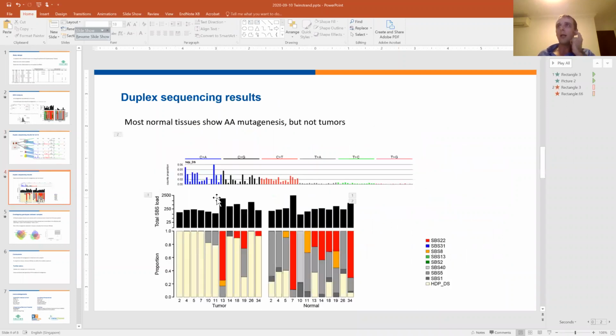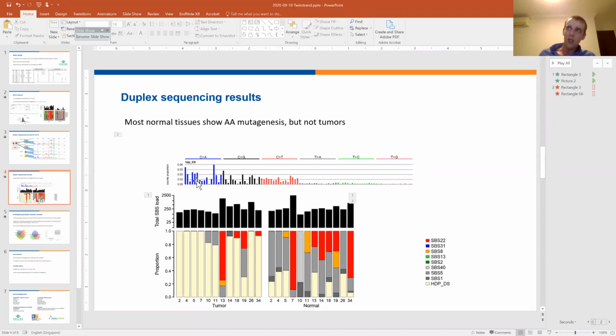Looking at the complete cohort for the duplex sequencing, we first saw there were some tumors with a very weird mutational signature, which consists of only cytosine mutations. So we performed HDP, which is an alternative to NMF, what most people have probably heard of, to extract the underlying mutational processes in a tumor.